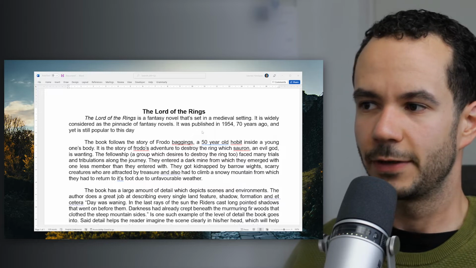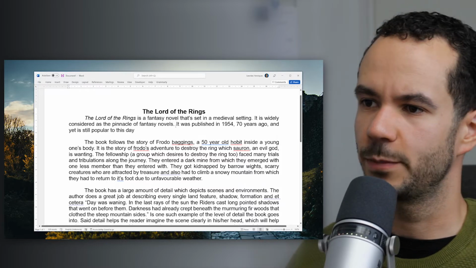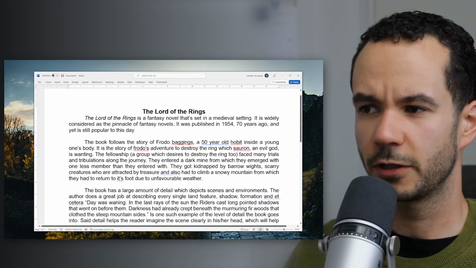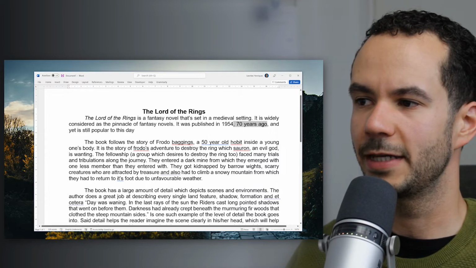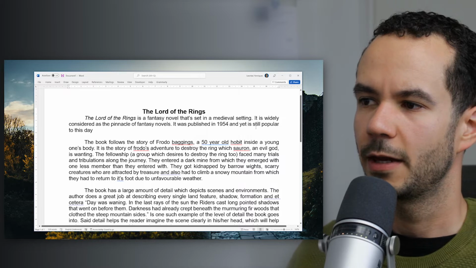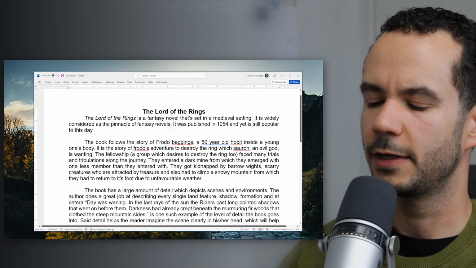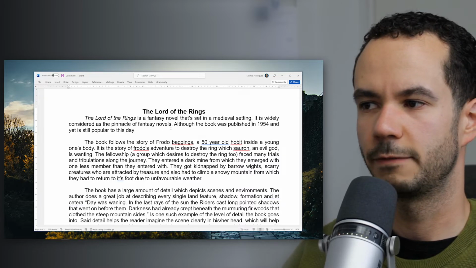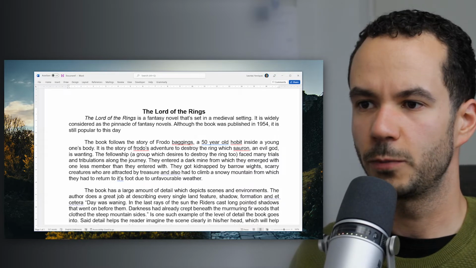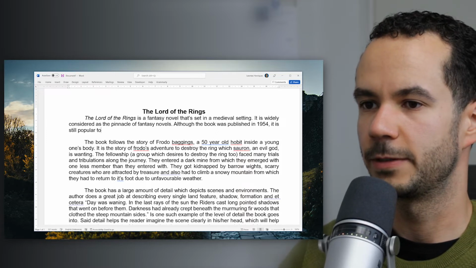So that's very good. Then I want to change the order of this introduction a bit. I want to start with the fact that it was published in 1954. I'm going to take away the 70 years ago. And I'm going to say that although the book was published in 1954, it is still popular to this day, which we can change into today.